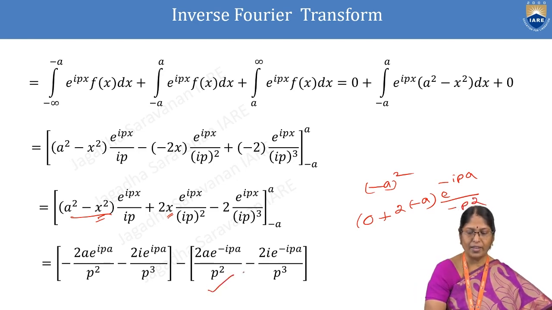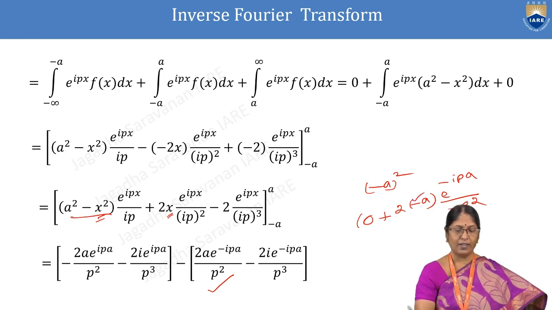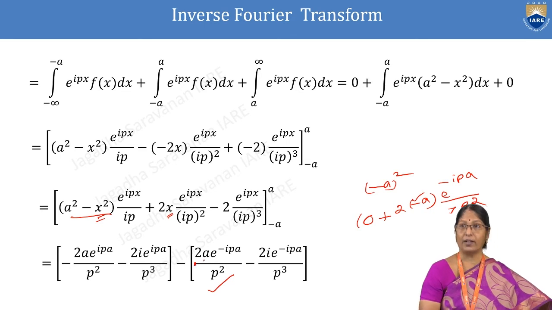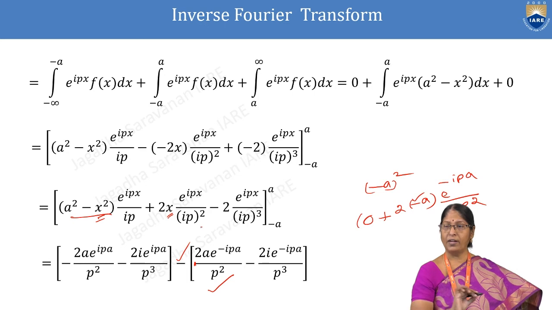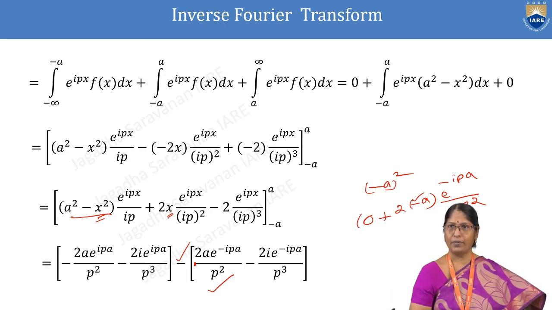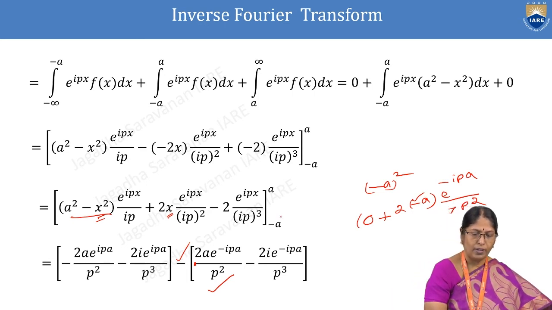If you notice here, 2a e power, this minus has become plus. That is the reason plus is there. This minus we know already, that is the formula minus. It is not at all related to the problem. Now, this term we will apply.